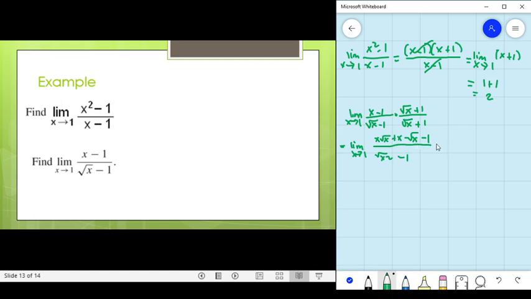Then minus 1 is similar to copy x square root of x plus x minus square root of x minus 1 all over x minus 1.